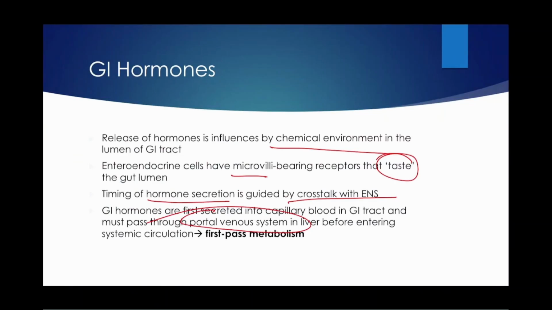When you take a pill or eat food, the entire GI system drains into one vein called the portal vein, which then goes into the liver. So no matter what you eat, no matter where it's absorbed, it all gets pulled into the portal vein first, and then goes into the liver, and then goes to the body from there. The liver is going to metabolize whatever you're giving that patient. That's called first pass metabolism.